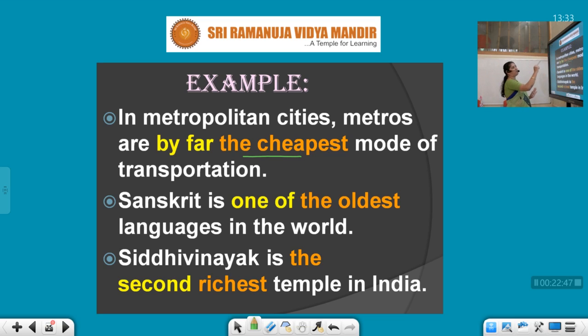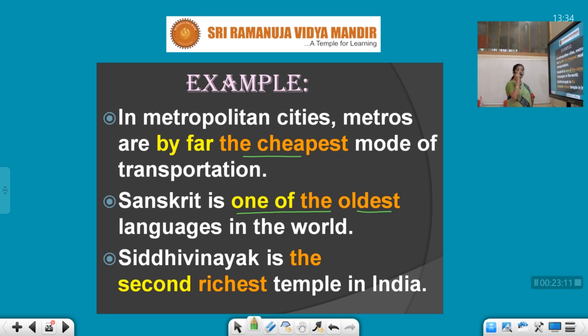So in metropolitan cities, metros are by far the cheapest mode of transportation. Sanskrit is one of the oldest languages in the world. One of the oldest. That means there are some other languages also which are equal to Sanskrit or as old as Sanskrit.